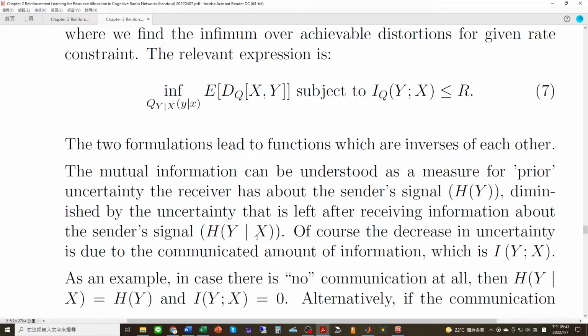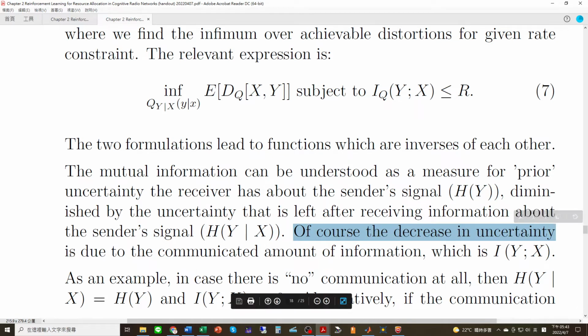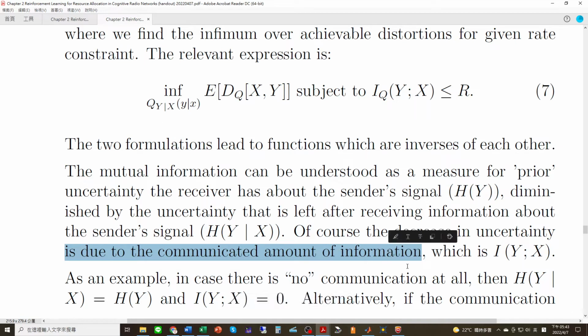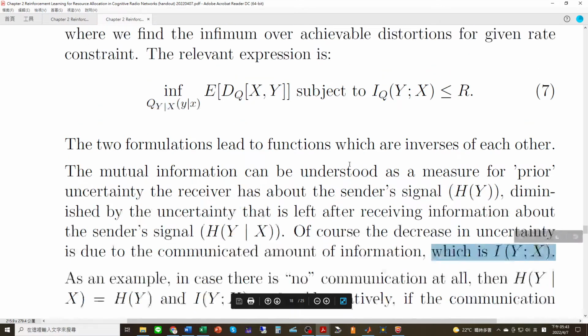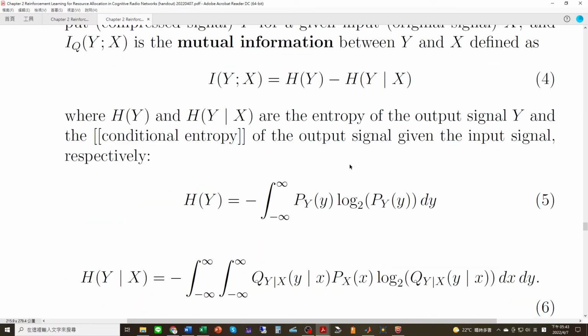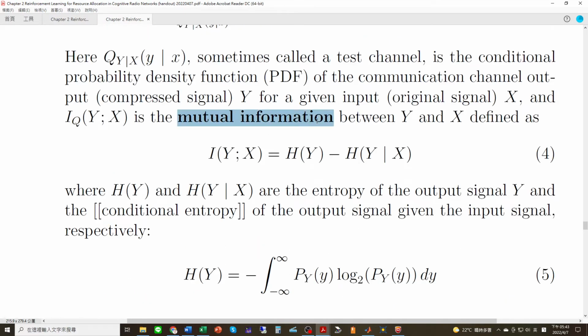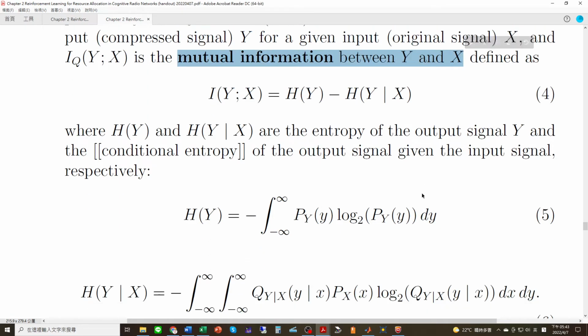That is, after you receive the information of the sender's signal, that is given X, the uncertainty of Y. Of course, the decrease in uncertainty is due to the communicated amount of information, which is I(Y;X), the mutual information between Y and X.